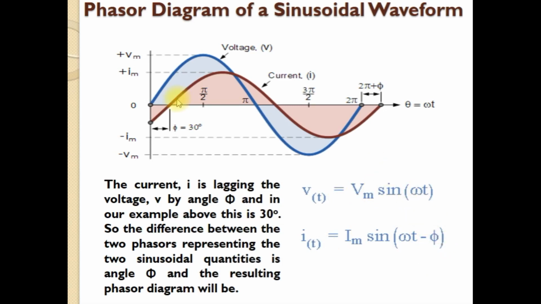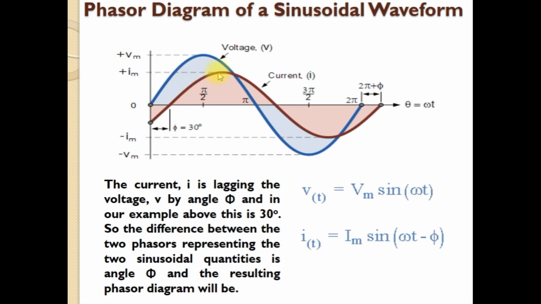You can compare two waveforms, which is lagging with respect to the reference, or which is leading with respect to the reference. If you consider any similar points, for example, the maximum point on the two waveforms, here you can see that this waveform has attained its maximum value at this position, but this waveform is attaining its maximum value after a certain delay.